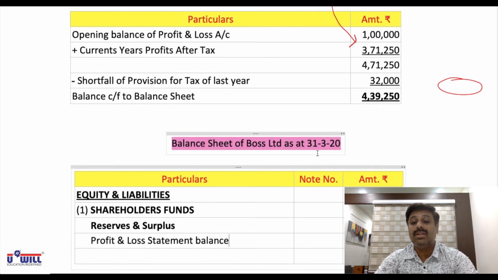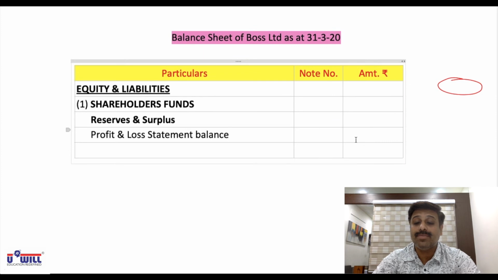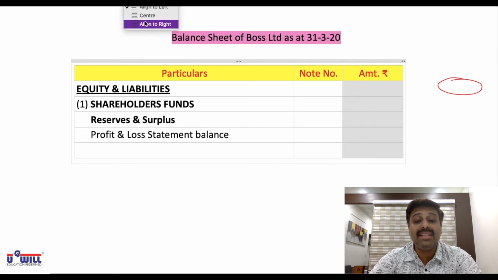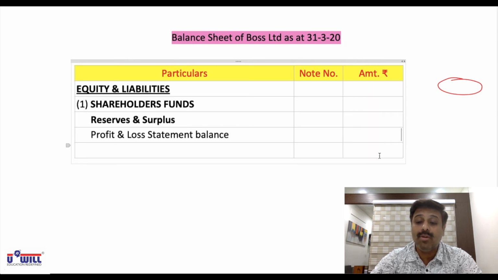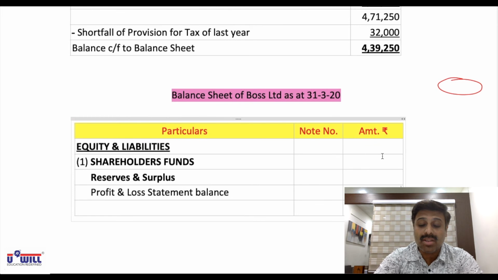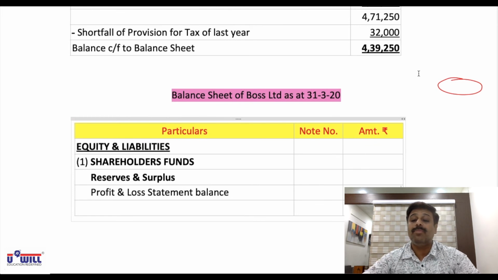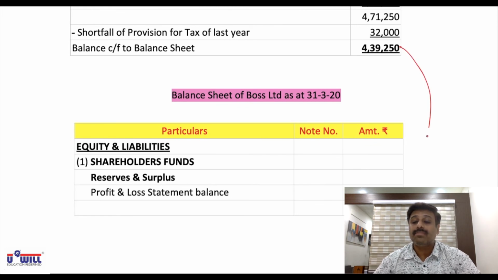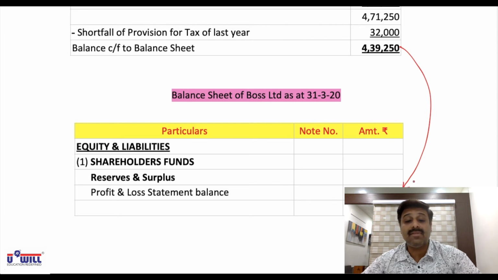What amount? This 439250. We are just showing the relevant effects in balance sheet. We'll be writing these amounts in the notes later on when we solve full-fledged question. So this amount will come directly in reserves and surplus.